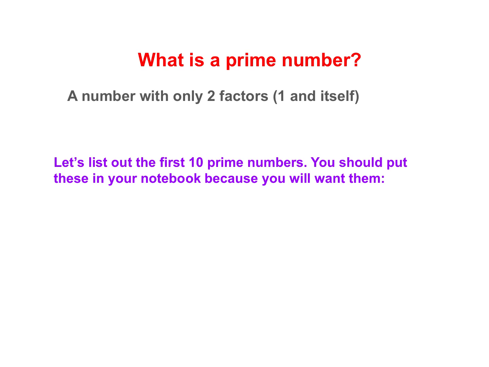Okay, so we have talked about this before. So what is a prime number? It is a number with only 2 factors, 1 and itself. You can use your multiplication chart again if you need to, but we're going to list out the first 10 prime numbers, and these you might want to put something like prime number list and then list these out, because these are good numbers to know.